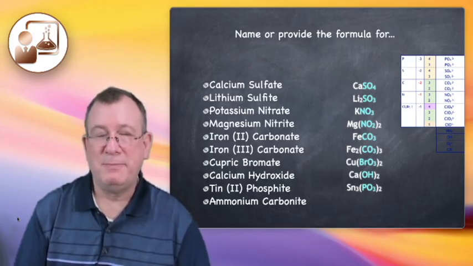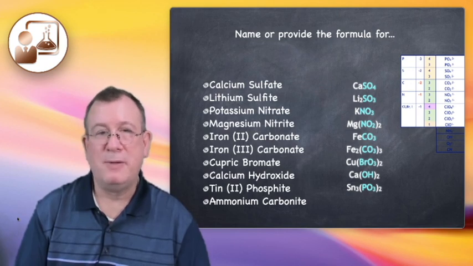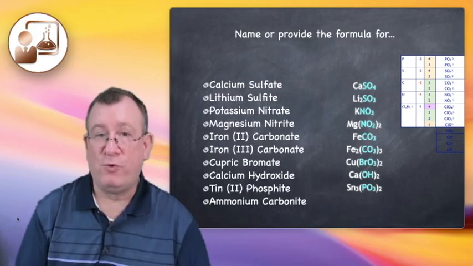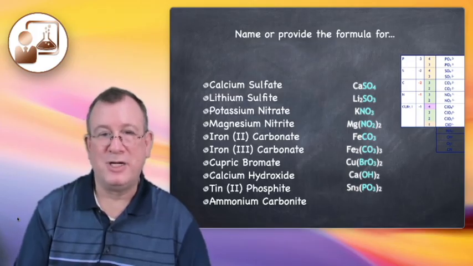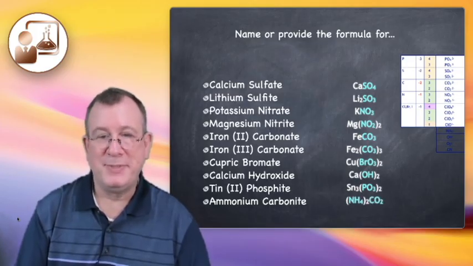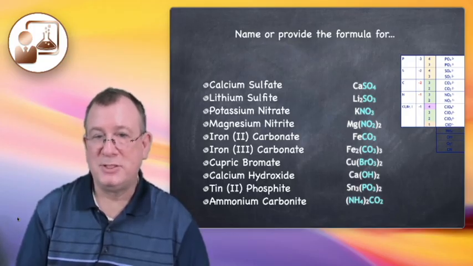Is that NH3? No. NH3 is the neutral compound ammonia, but slap an H+ on it, NH4+. Now you've got your ion. NH4+, and you're going to need 2 of them to balance off the 2- charge on the carbonate. Slap them together, and you've got NH4 in parentheses twice on a CO3.